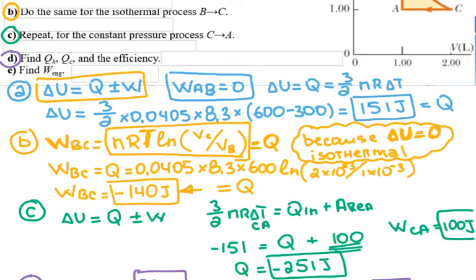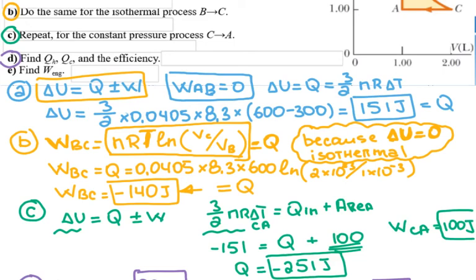For the internal energy I can use 3/2 nRΔT, which is 151, because at A the temperature is 300 and at C the temperature is 600. And I calculated the heat between C and A, added or taken away out of the system.